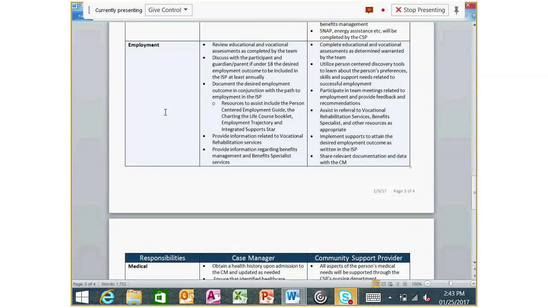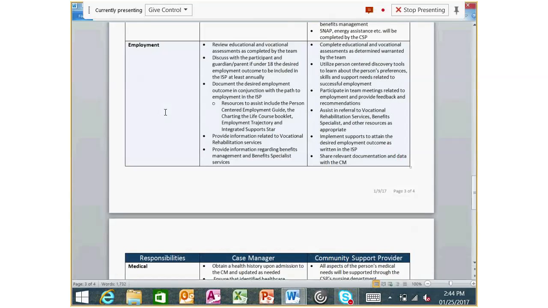So maybe the person has been assisted to get connected to VR by the case manager, but they might need some assistance to attend those weekly appointments with the counselor. Things like that would be something that the CSP would have a role in.